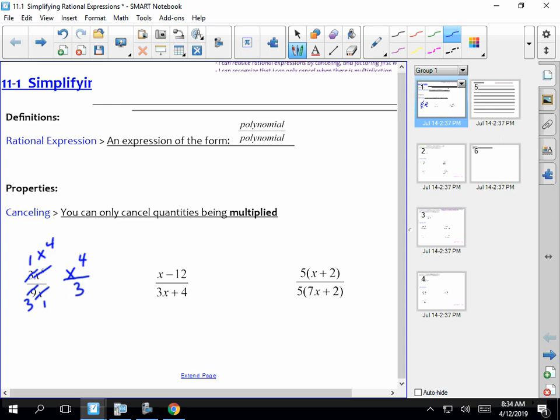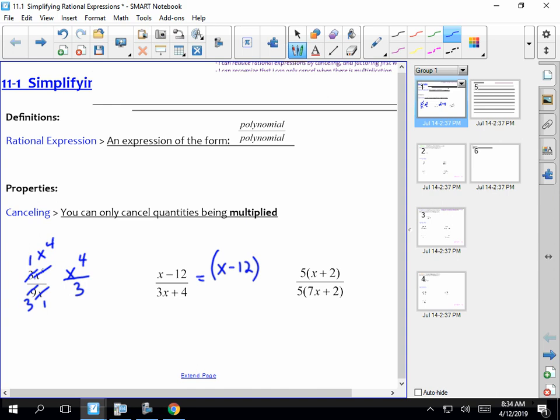So can I factor the top of this at all? x minus 12, is there any common factor that goes into both x and 12 besides 1? No, there's nothing, right? So we just have x minus 12. What I like to do is put parentheses around that. I'll show you as we get into this why.